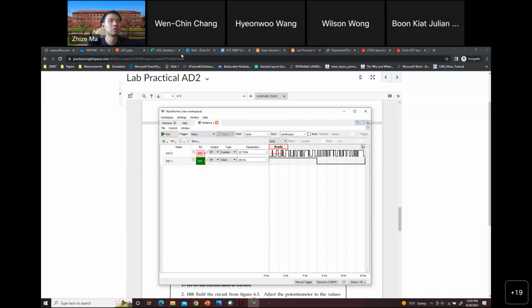Okay, so there are a couple of things for the practical. First of all, make sure you sort the resistors properly. What I mean is, we will give you random resistor values at the beginning of the lab practical, so it will take a little bit of time to find the resistor.